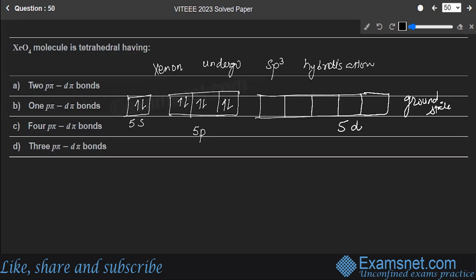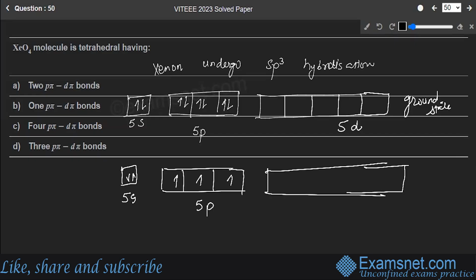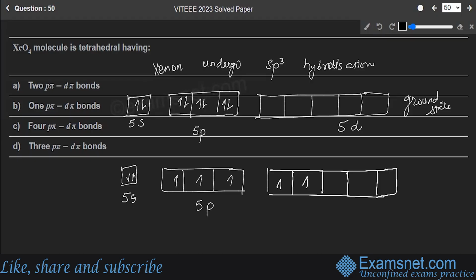This is the ground state. And in the third excited state, it will be 5s having 2 electrons, 5p, with 1, 1, 1 in the third excited state. And the excited electrons will come over here. This is 1, 2, 3, 4, and 5. So this is 1, 2, and 3 in 5d. This is your third excited state.